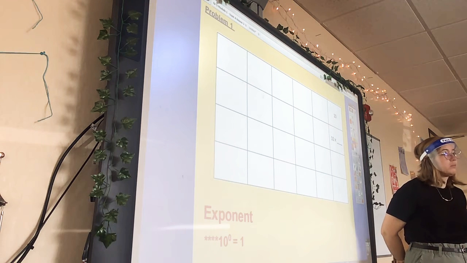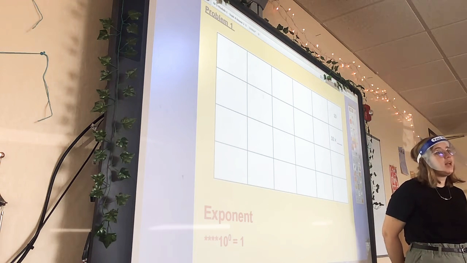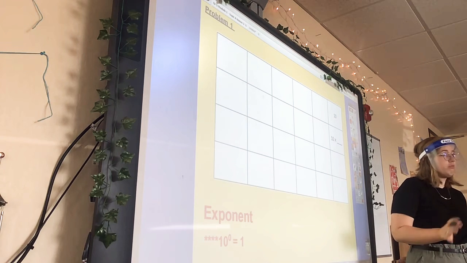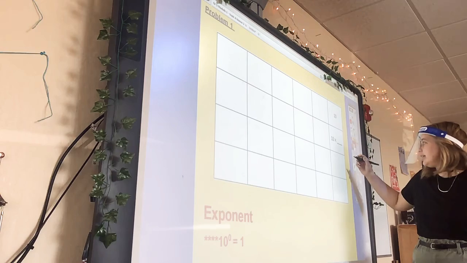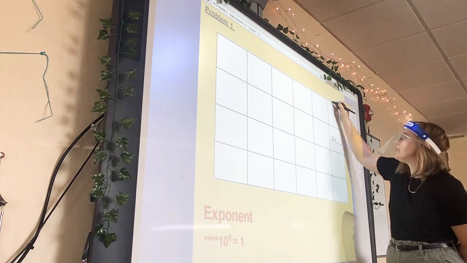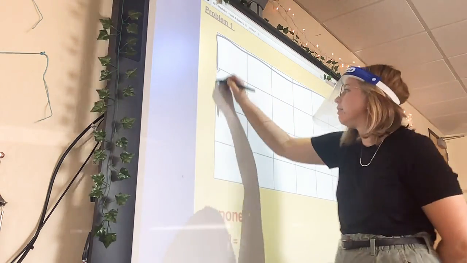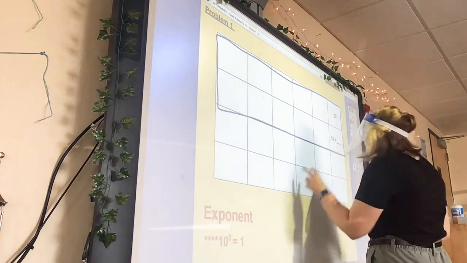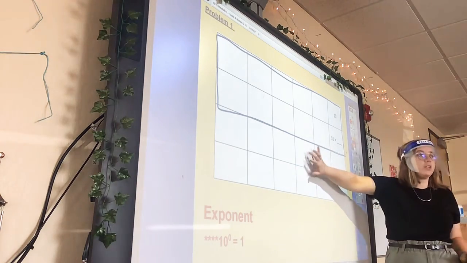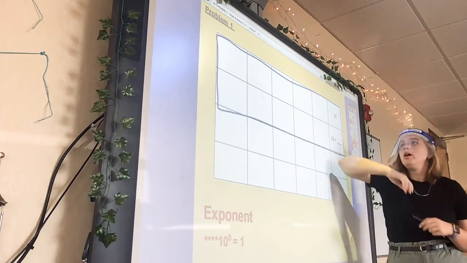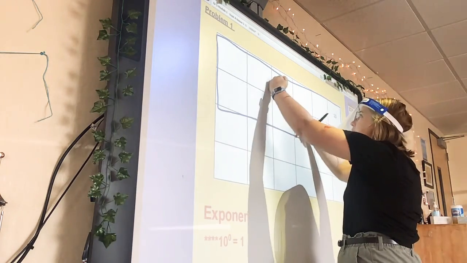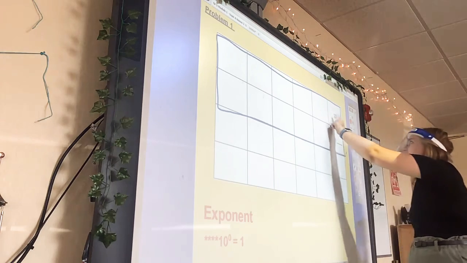But that's fine. For today, just do a new page, because you're going to want a lot of room. So right now, I just want you to kind of make this. You may have to add these later, so keep space for these. But right now, I just want you to have this: 2 rows of 1, 2, 3, 4, 5, 6.